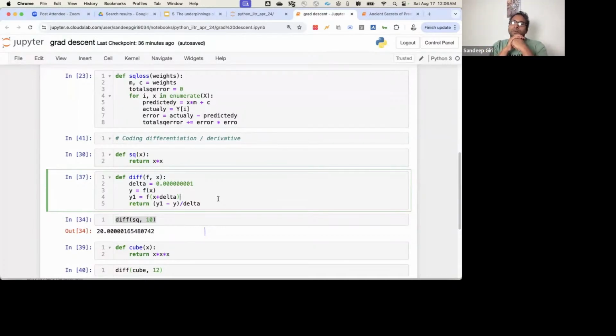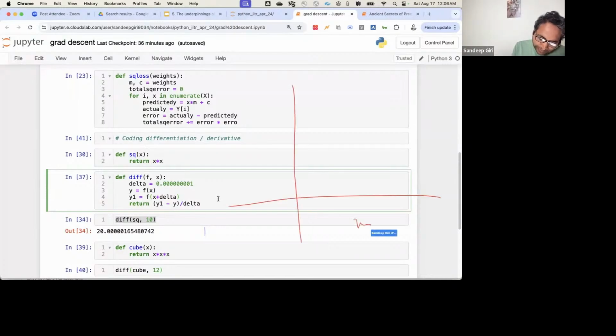Okay. Because the minima lies somewhere like this. If you draw, let's say, error versus slope, at very small slope the error could be high, and at very high slope the error could also be high. So it could be somewhere like this, correct?